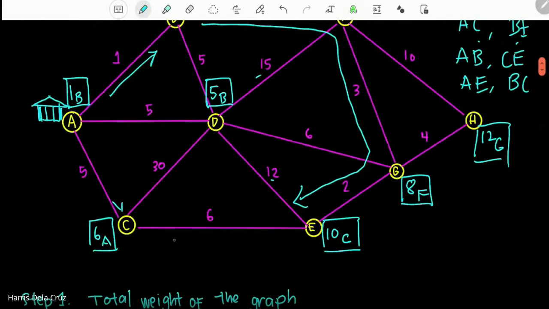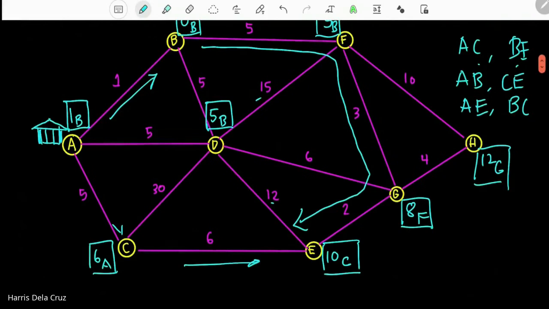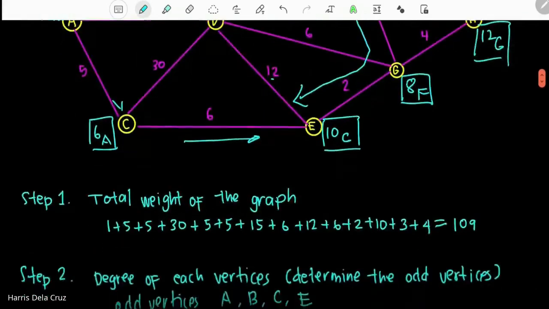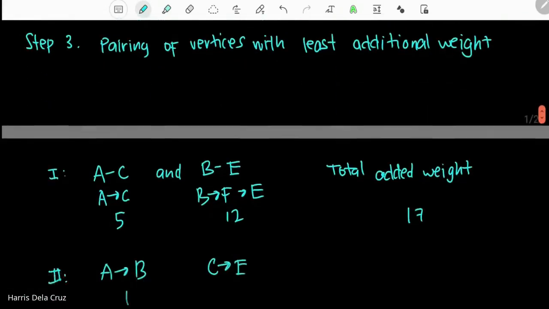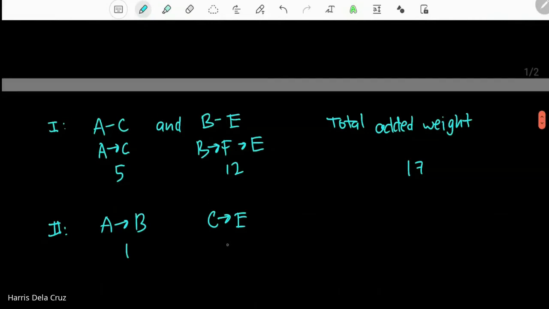The shortest path from C to E obviously is the direct path, because if you go around, those paths will be longer than 6. So we have C to E directly, and the length is 6. So that will have a total additional weight of 7 if we use this path.